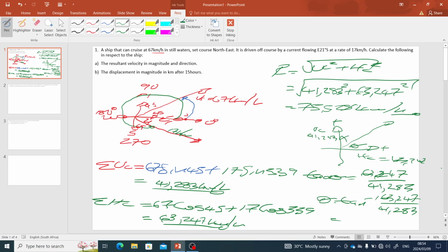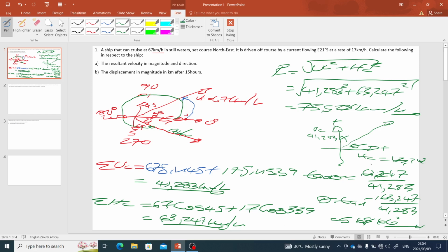Now I get my answer as 56.866 degrees. But we will be applying the given principle. The given principle says you will start with the cardinal closest to the vector first.